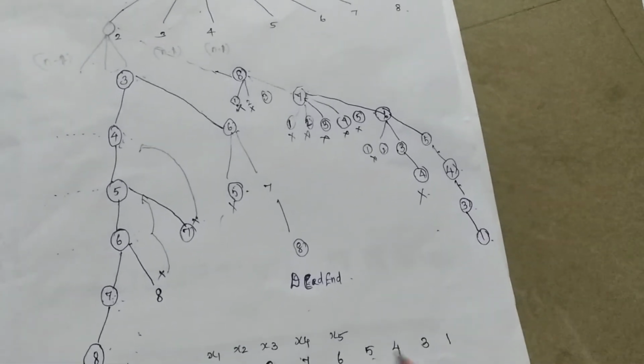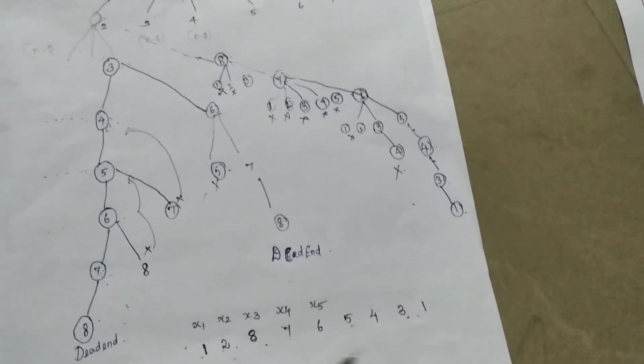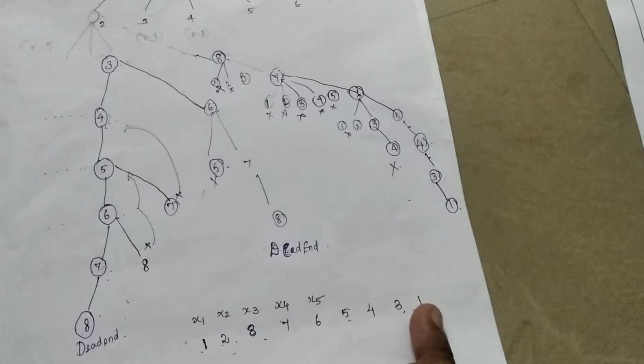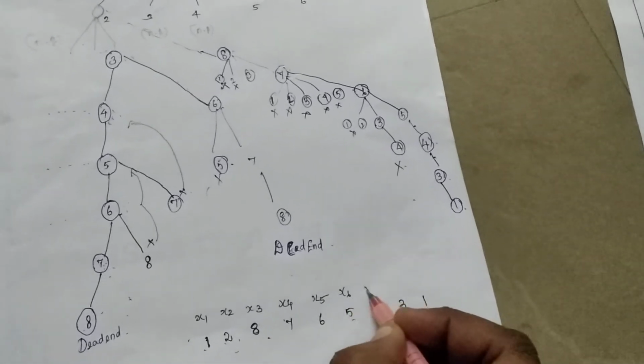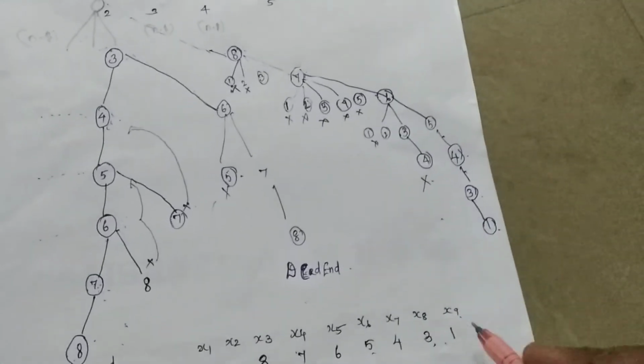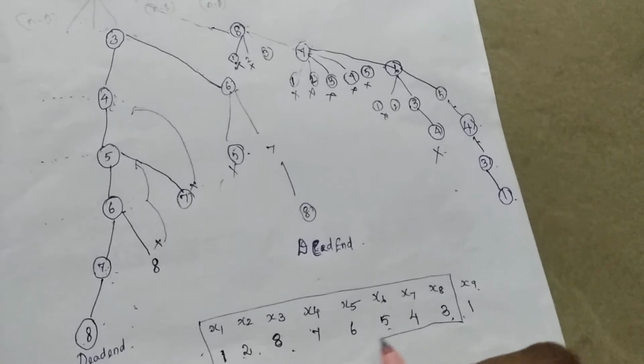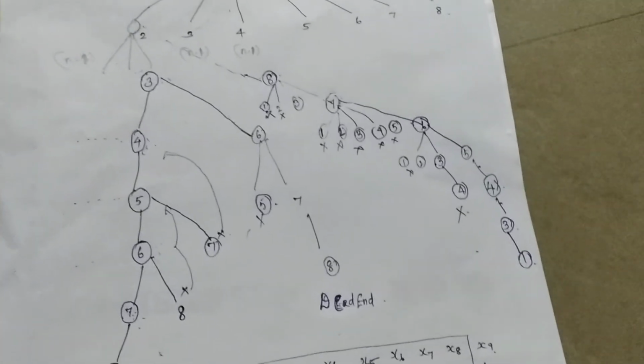So all these elements are distinct, and this one is the same. It started from 1 and it ends at 1. So x6, x7, x8, x9, right? So this is the Hamiltonian cycle for this graph. So this graph has a Hamiltonian cycle.